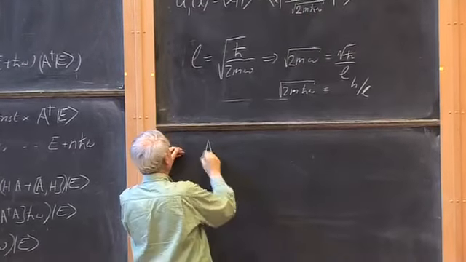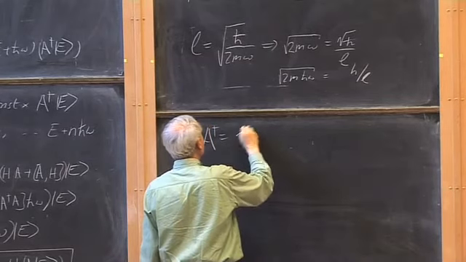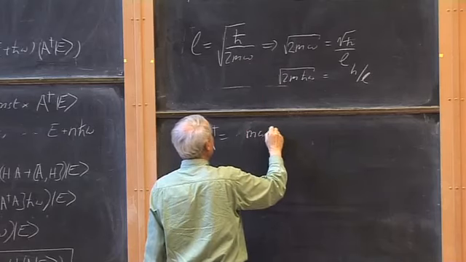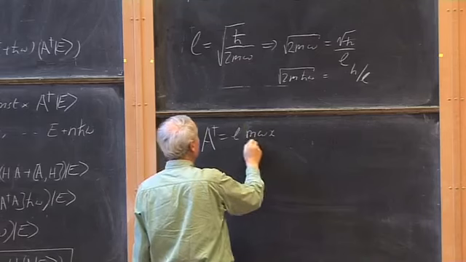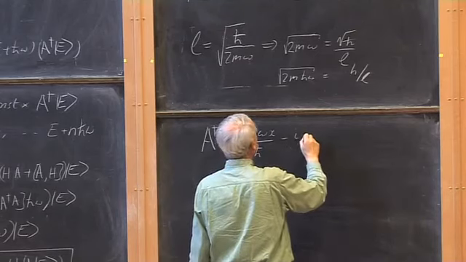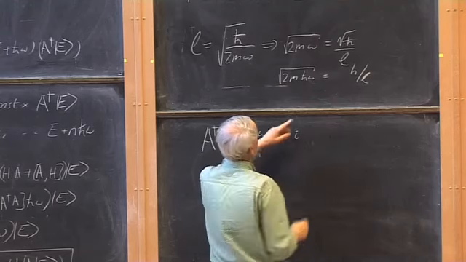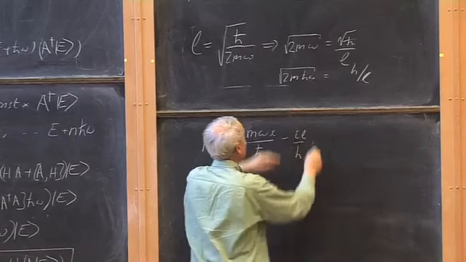So I can say that a dagger is equal to mω x, on the bottom is ħ over L, so an L here and an ħ there, minus i, I have an ħ on the bottom and an L on the top times p.